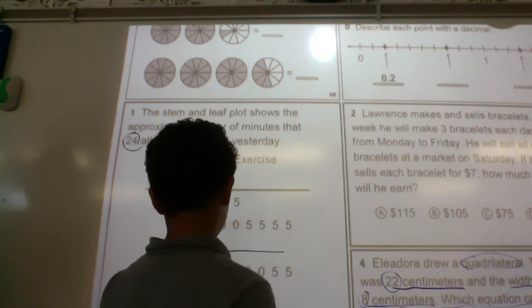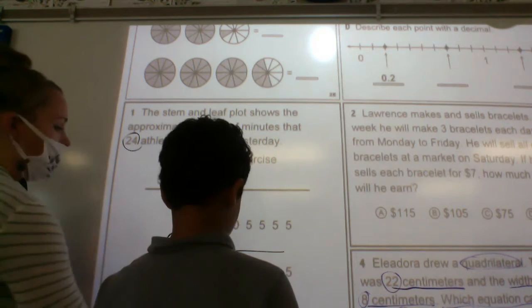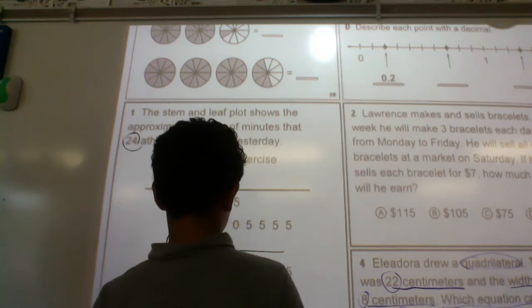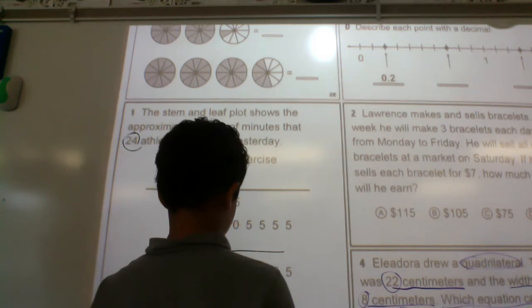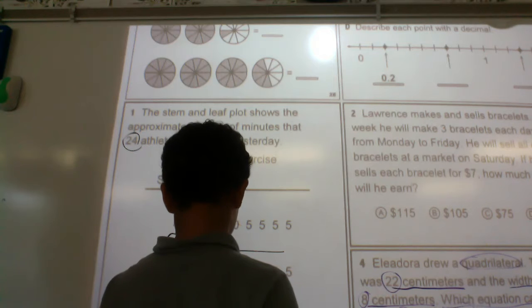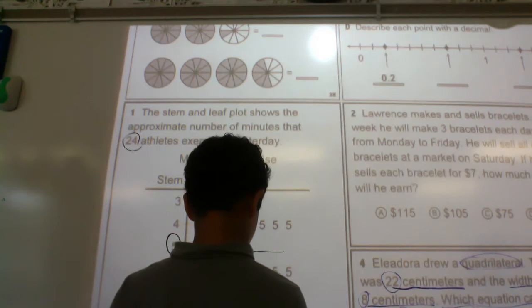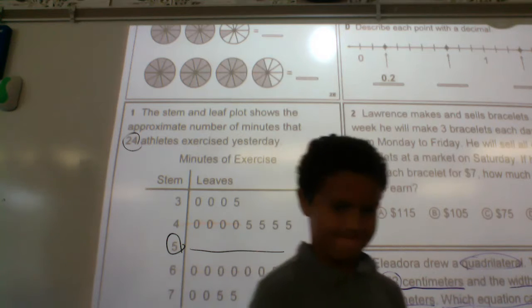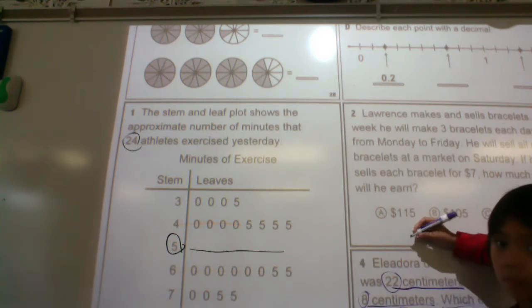Which 5s? Those. Not those 2, because that's 65, and we have to stay below 60. So just those. So how many times did the 5 show up? 4. So that's it. Y'all try not to let these confuse you, because it's saying how many people exercise between 40 and 60 minutes.